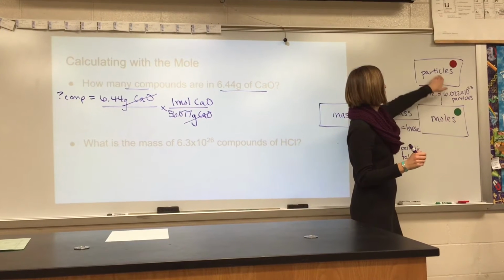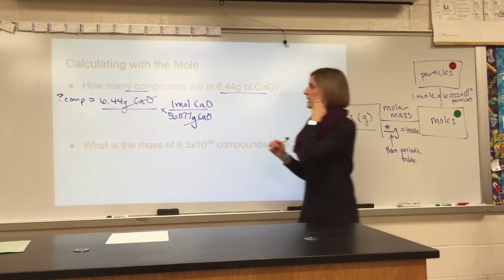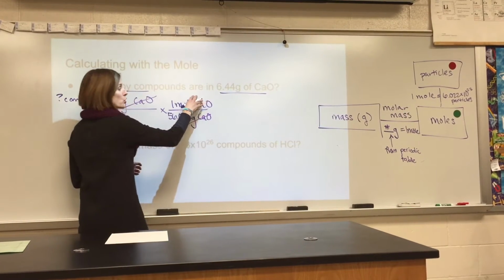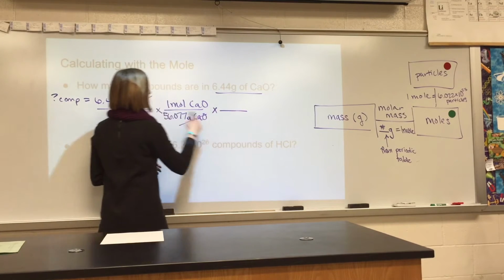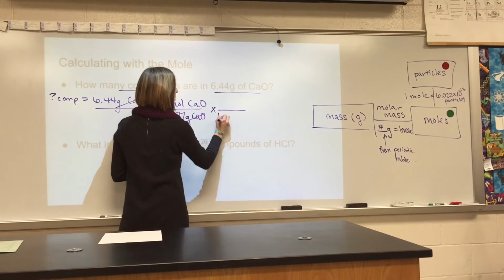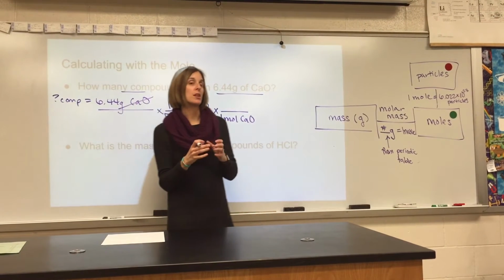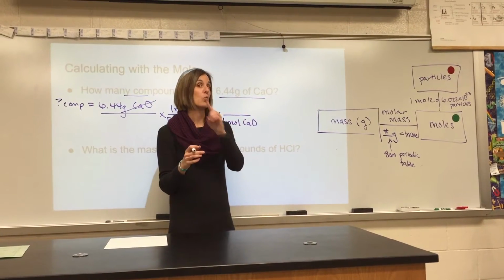My next step is to use Avogadro's number to get myself into particles. So how many pieces do I actually have? So again, I'll track my units. Because I've got 1 mole of CaO on top, I'm going to put my 1 mole of CaO on the bottom, because Avogadro's number is representative of the number of pieces in 1 mole.